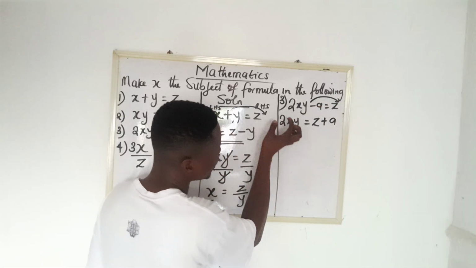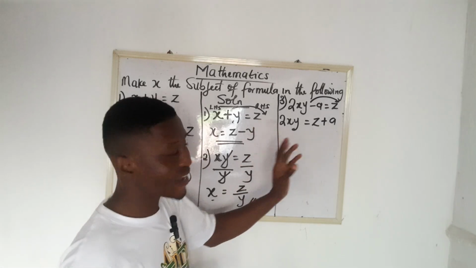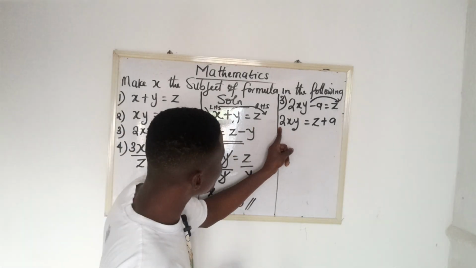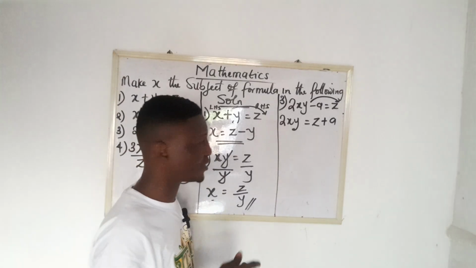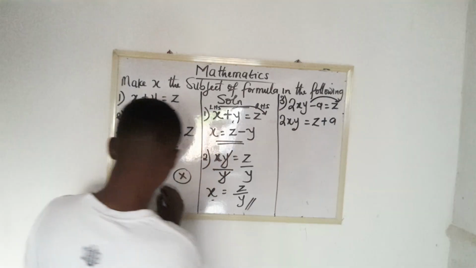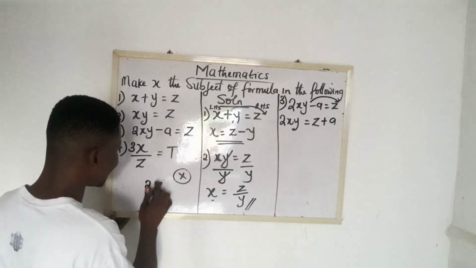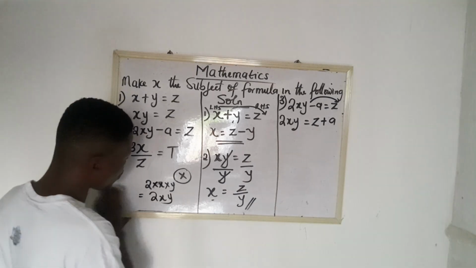We want to make x the subject of formula. So those things surrounding my x now are 2 and y. So the first thing I need to ask myself is this: what joined them together? And that is the multiplication. 2x times y gives me 2xy.